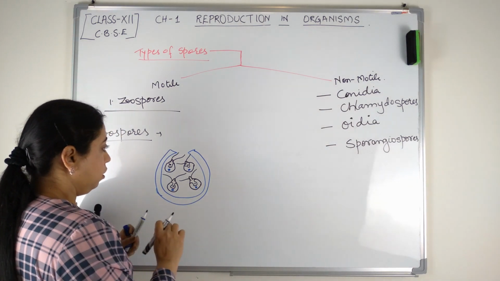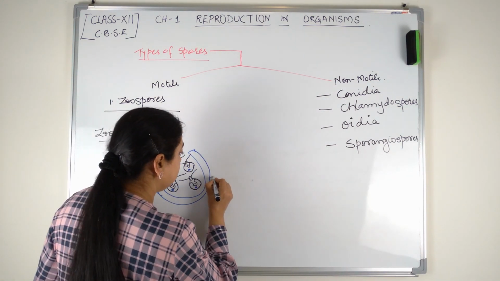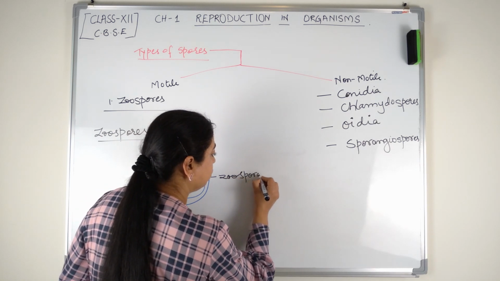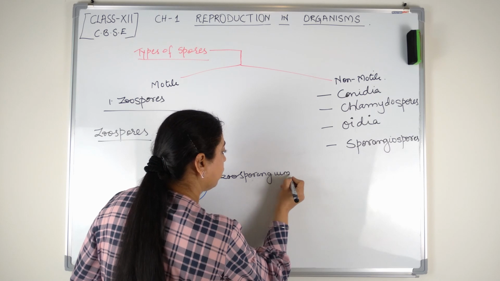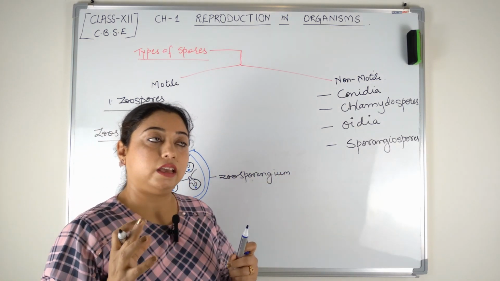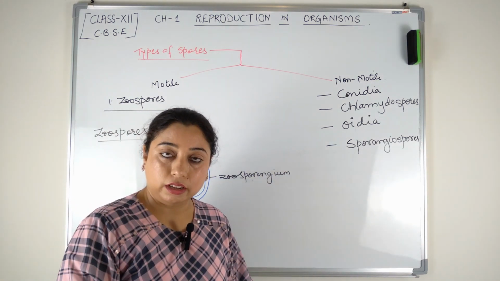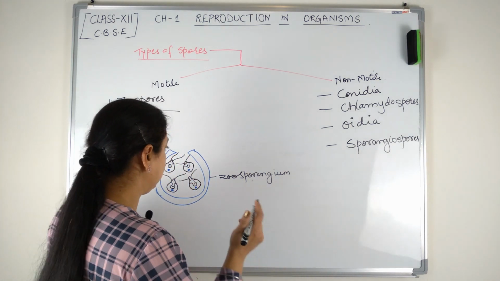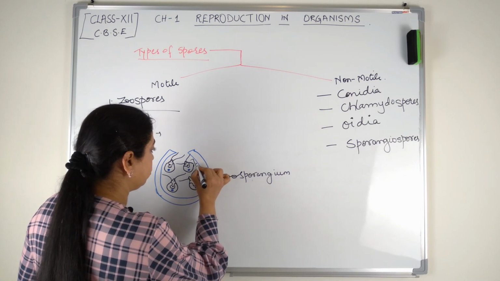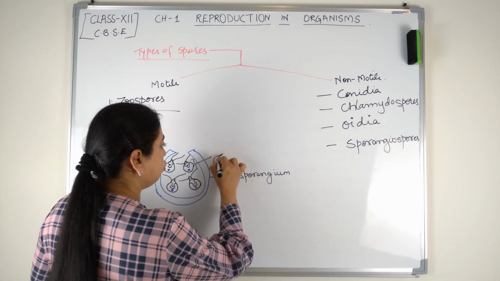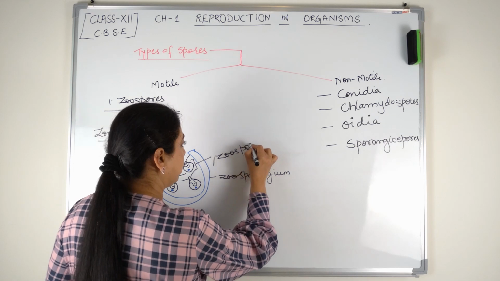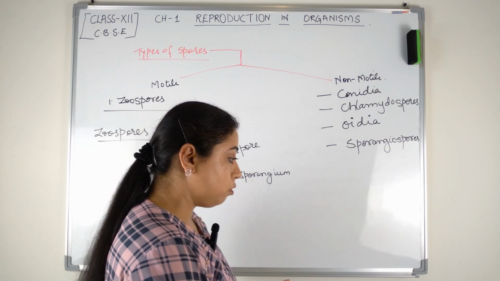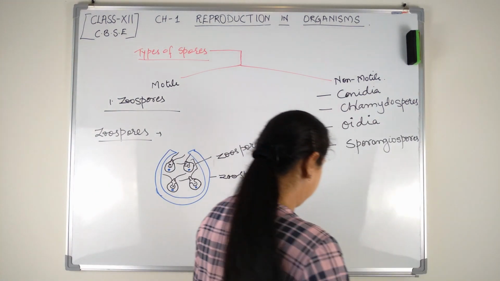Now, this sac is known as the zoosporangium. Zoosporangium is like a parent covering inside which the spores are produced. Which spores? Zoospores. And this single structure is known as a zoospore, right?